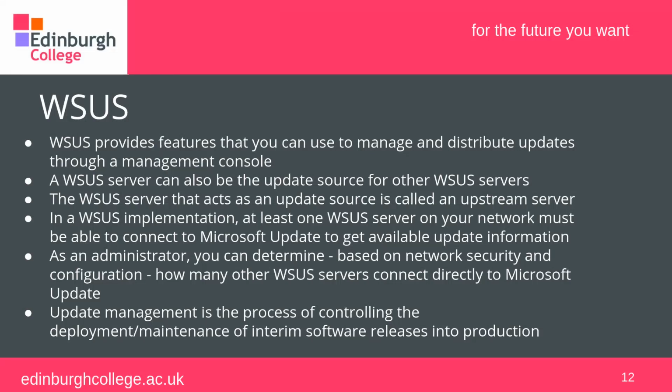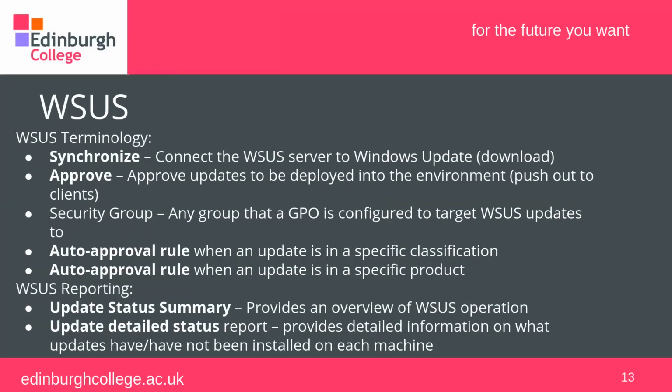Okay, so how do we actually set up Windows Server Update Services? Well, there are a few different types of setup, and some terminology to understand. First of all, when you connect a Windows Server Update Services server to Microsoft Update, that is called synchronization. So pulling Windows updates, or downloading them, in the world of WSUS is called synchronize.